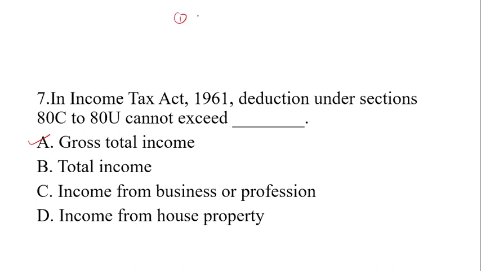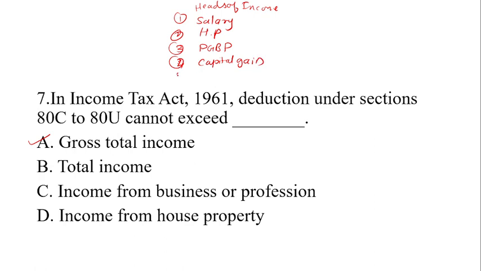we add all the heads of income: income from salary, income from house property, third, income from PGBP, that is profit and gains from business and profession, then fourth, income from capital gains, and the fifth one, income from other sources.